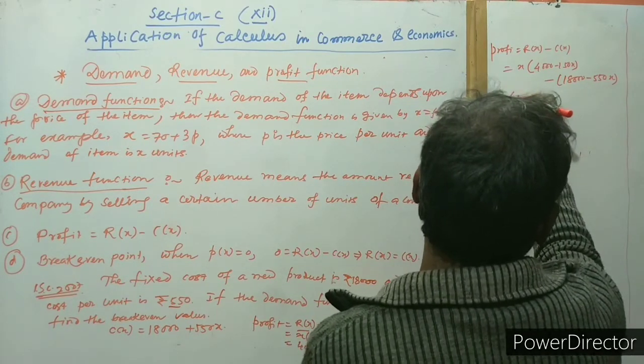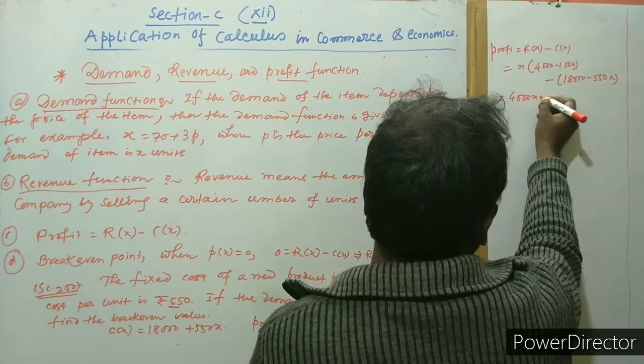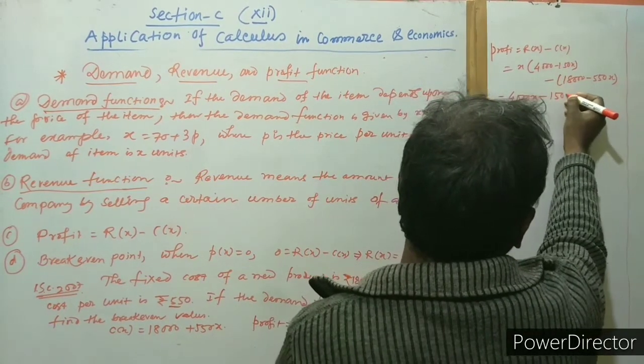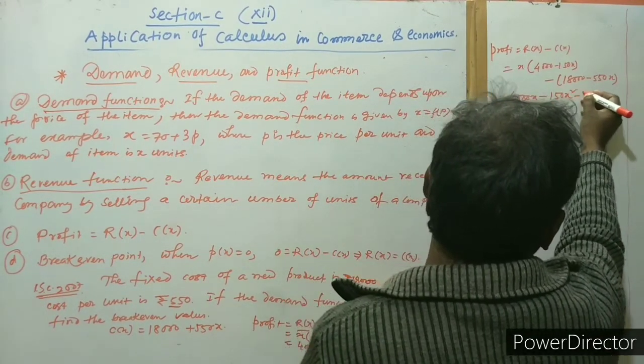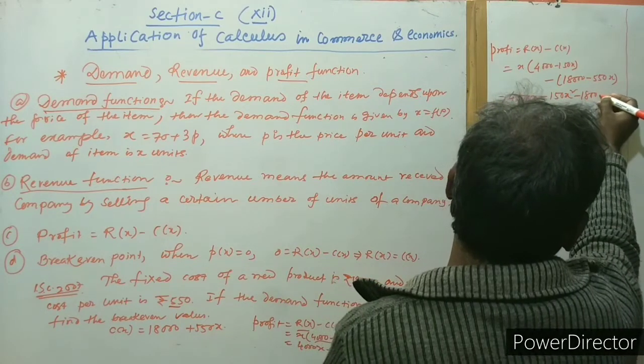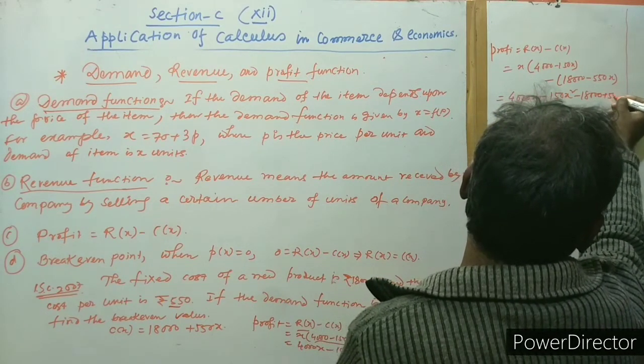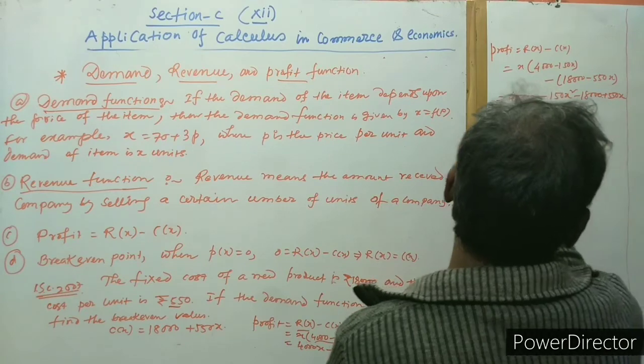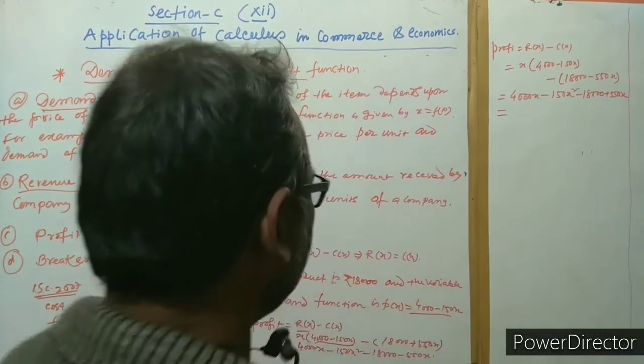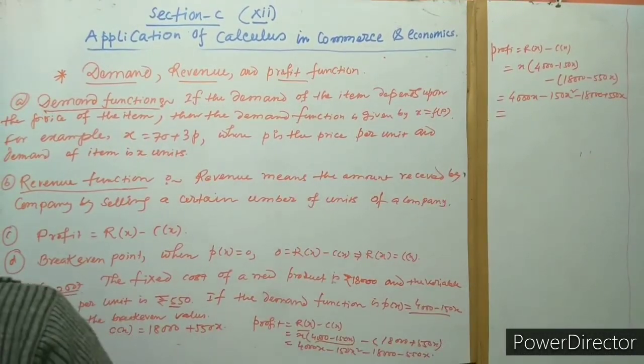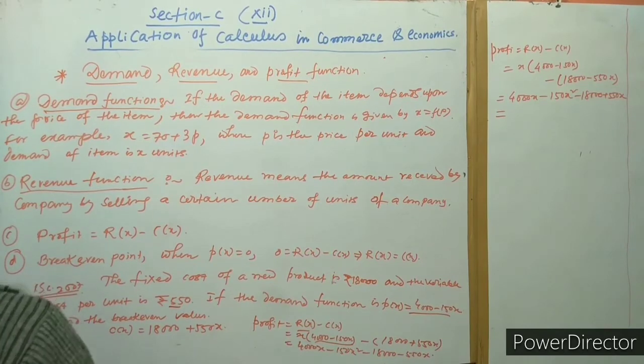That is equal to 4,000x minus 150x square minus 18,000 minus 550x.